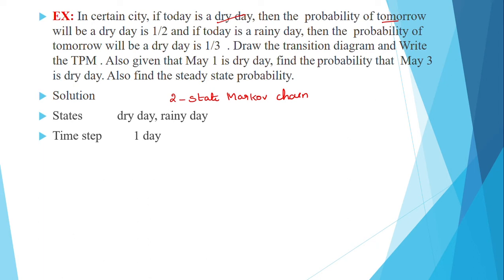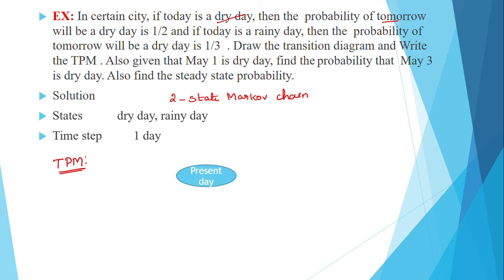Okay, let us start with the TPM. What is meant by TPM? Transition probability matrix. It is a matrix formed by one-step transition probabilities. So, to construct a TPM, we need to collect all possible one-step transition probabilities. So, let us consider a particular day or a present day.